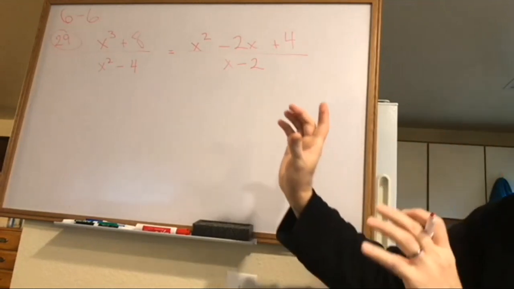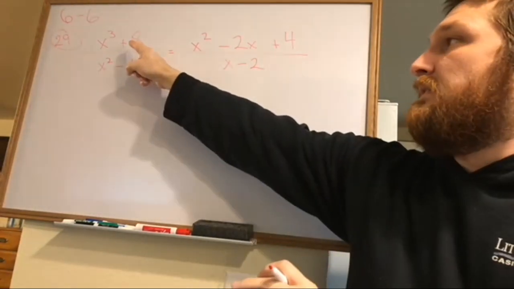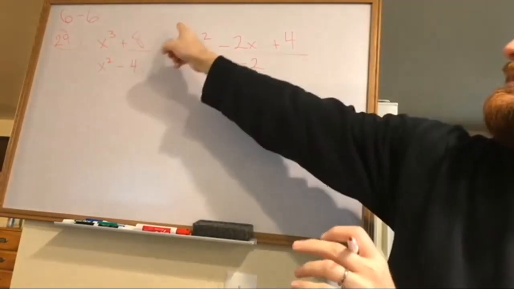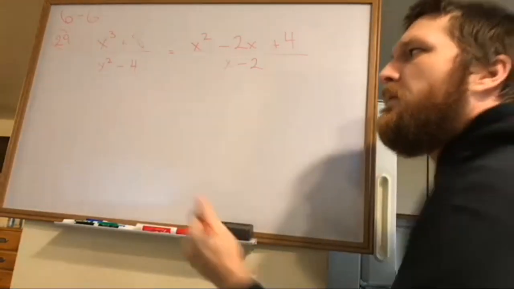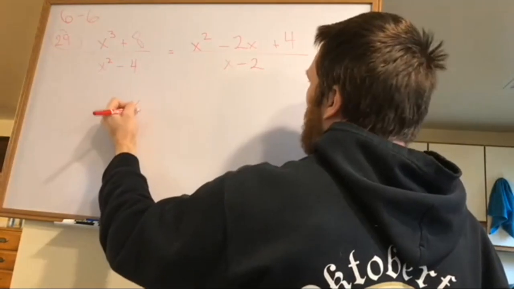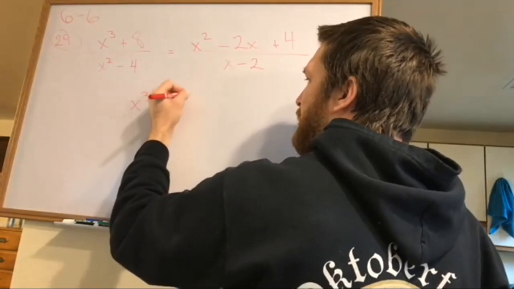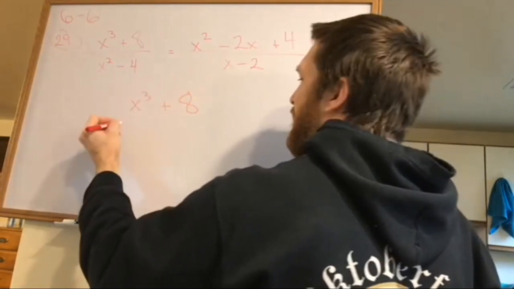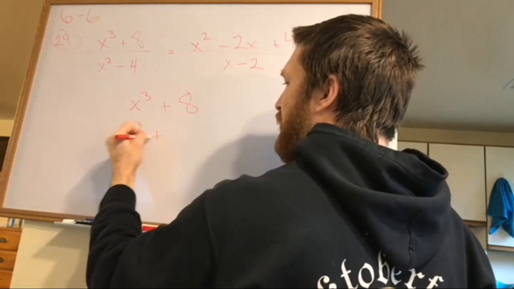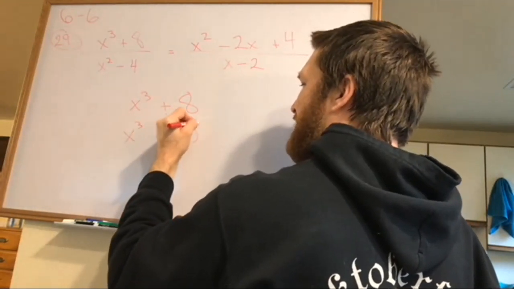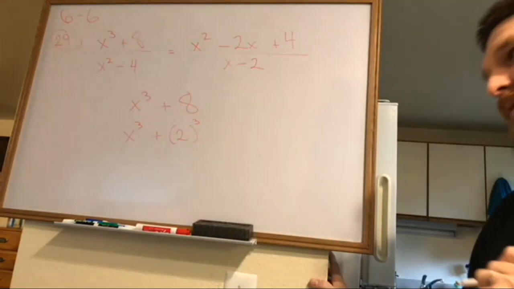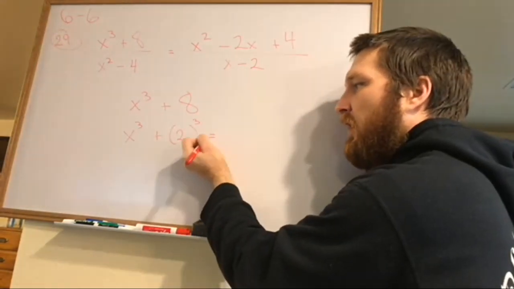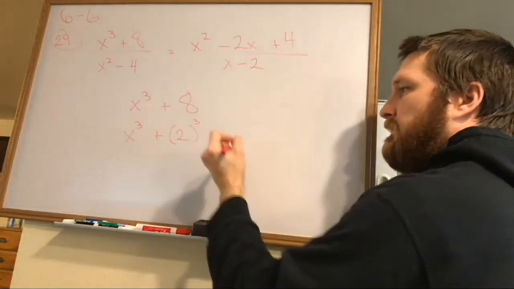One way is to say, wait a second, that's a sum of 2 cubes, right? You should recognize this, because we've done these about 100 times now. Therefore, how does a cube break up?